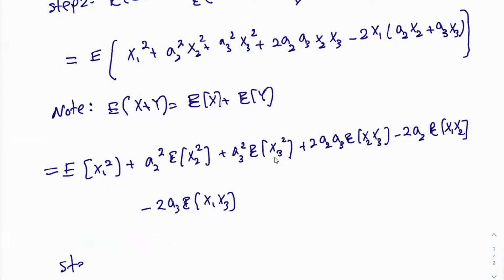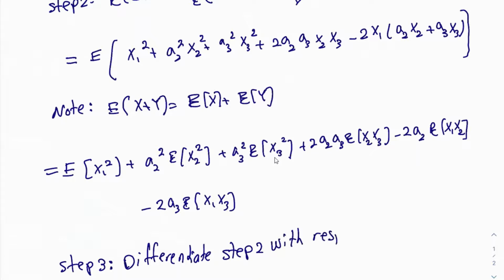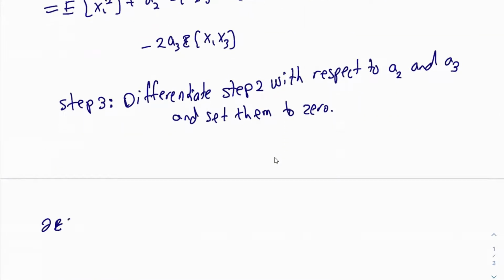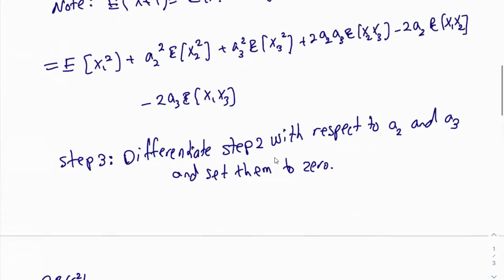Okay, so I go to step 3 now. What is step 3? Differentiate step 2 with respect to a2 and a3 and set them to 0. First, with respect to a2.